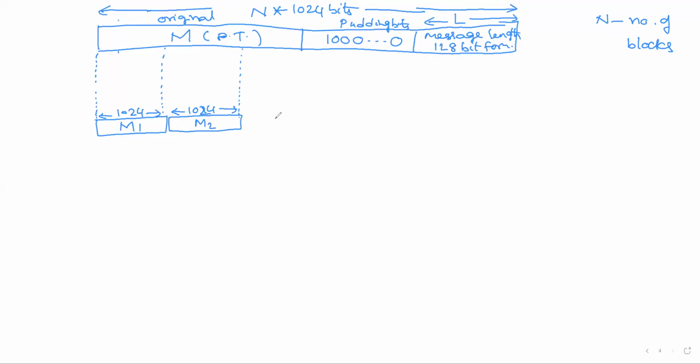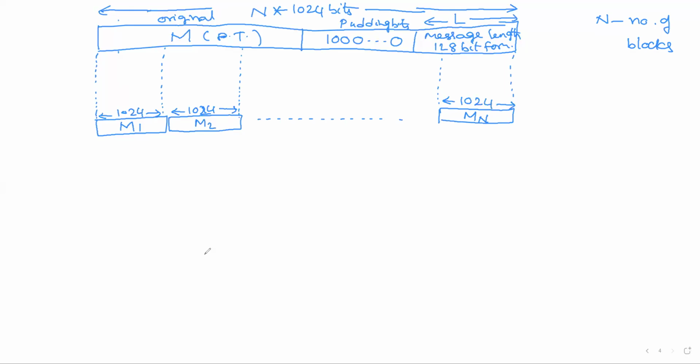Like this, we divide the plain text into blocks where each block is of size 1024 bits. How many blocks are there? N blocks. The last block is represented with M suffix n, which is also of 1024 bits.